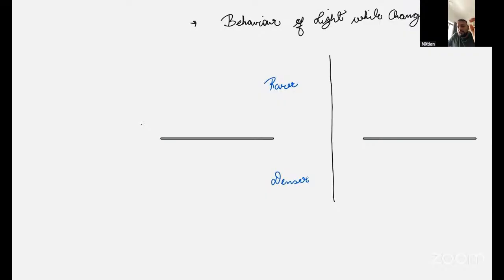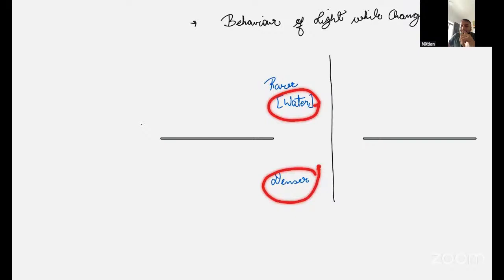Can you give any example of rarer and denser? You have to compare two mediums, in which the particles are far away, that will be the rarer, and where the particles are very close, that is denser. If we take water for rarer, then denser won't be gas, because in gas the particles are far away.